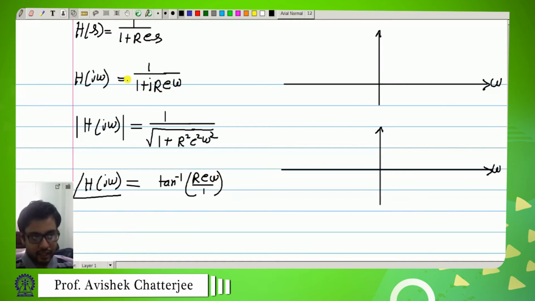This is the angle of the denominator, so angle of H j omega will be minus of this.